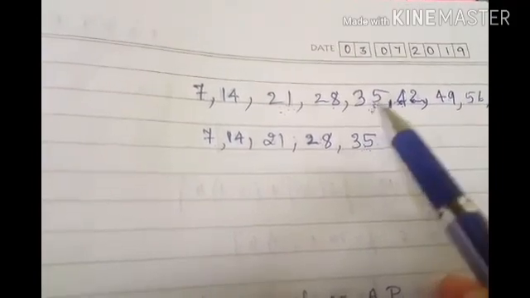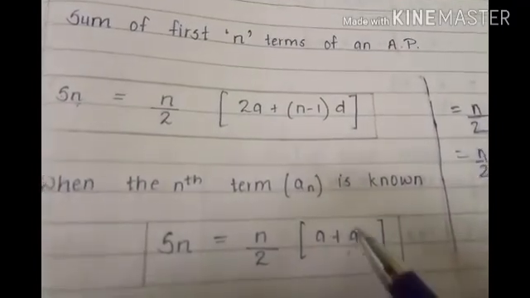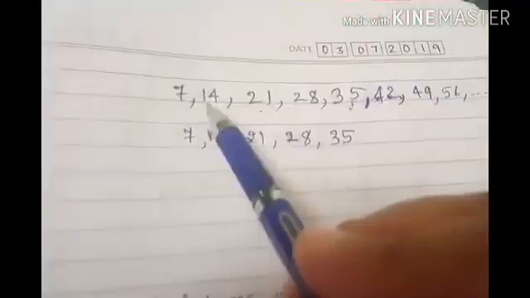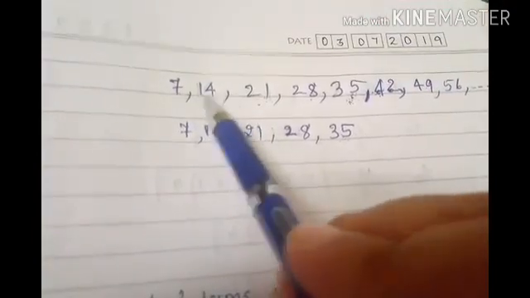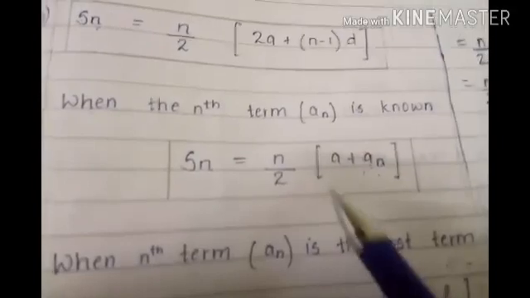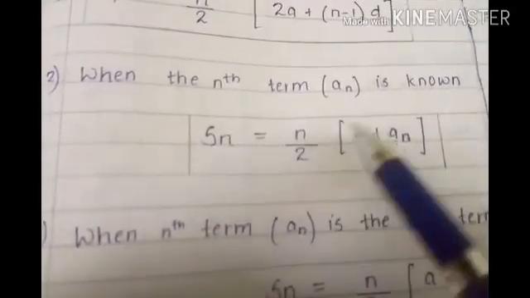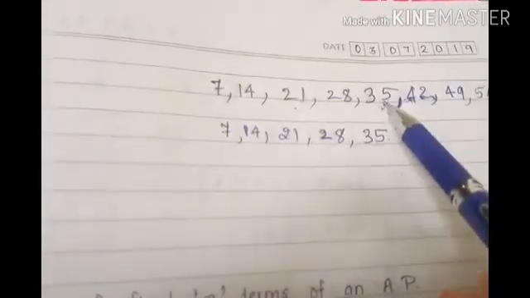Since this is A5 and this AP has a lot of other terms, we use the formula a plus A5, because we are asked the sum of the first 5 terms. So here, as I had explained earlier, we would use S5 is equal to 5 upon 2 (a plus A5), and A5 will be 35, right?